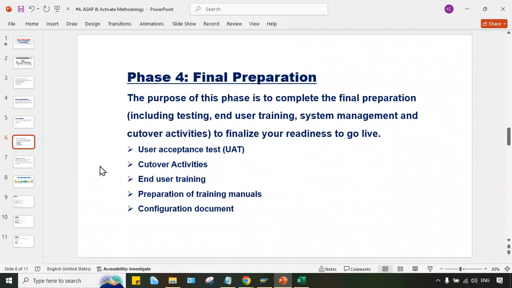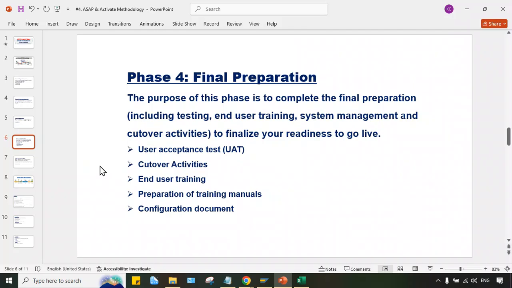See, in the previous phase, we have done UT and IT, unit test and integration test after configurations. I hope you are able to understand the unit test and integration test, which were already explained in the previous session. Unit test means for an individual process, we have to do the configurations and perform the testing.